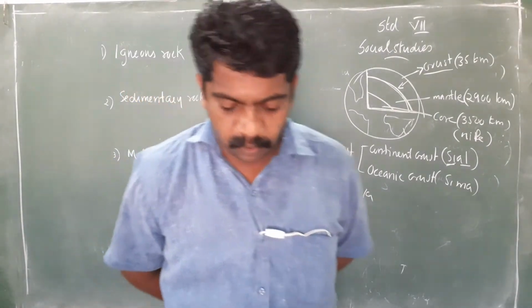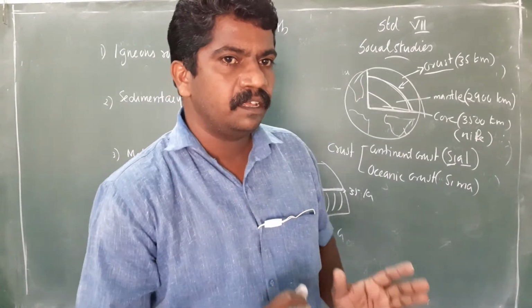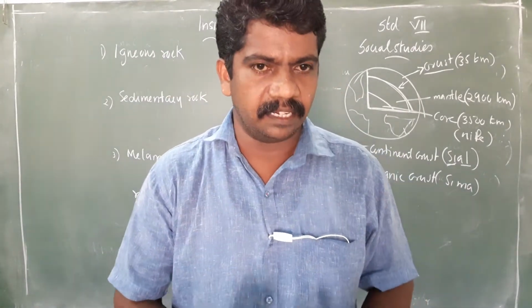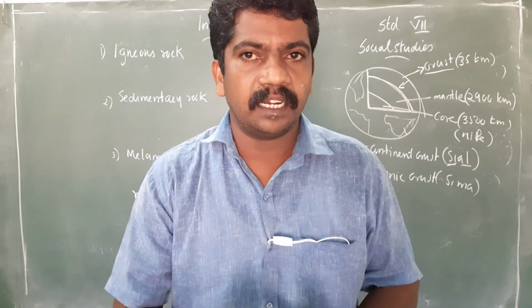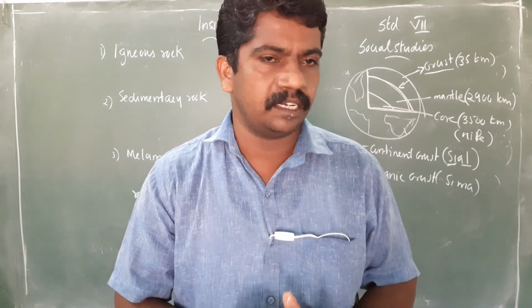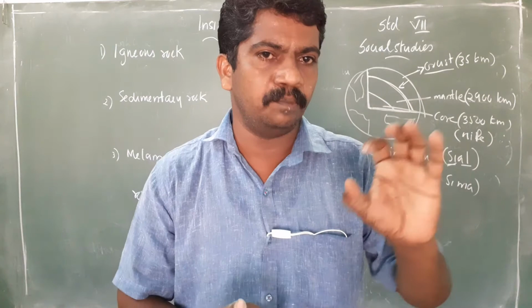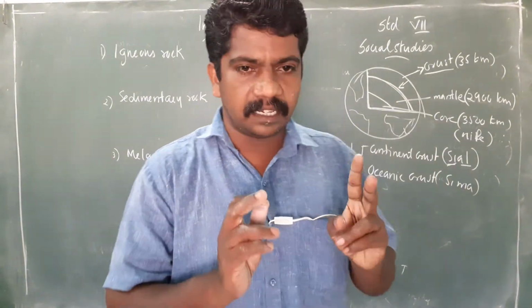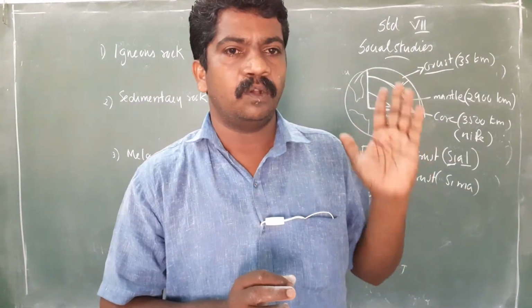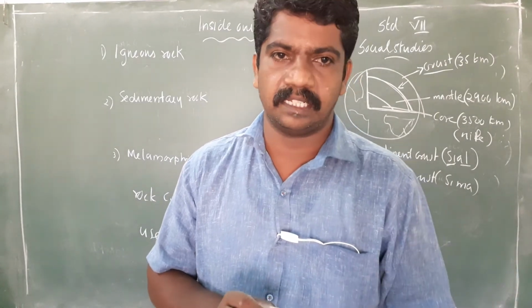In this chapter we study about the inside of the earth. The outer layer of the earth is called crust. It is only 35 kilometers. There are two types of crust, continental crust and oceanic crust.